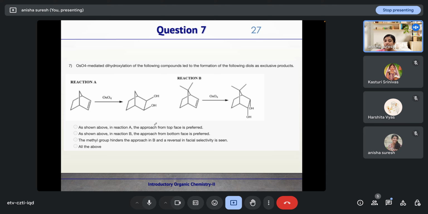In reaction A, the approach from top phase is preferred, as shown above. In reaction B, the approach from bottom phase is preferred. The methyl group hinders the approach in B and a reversal in facial selectivity is seen. All the above.